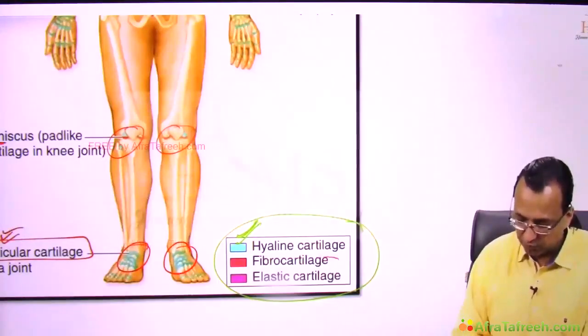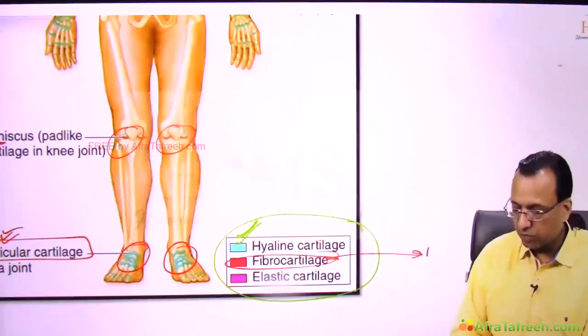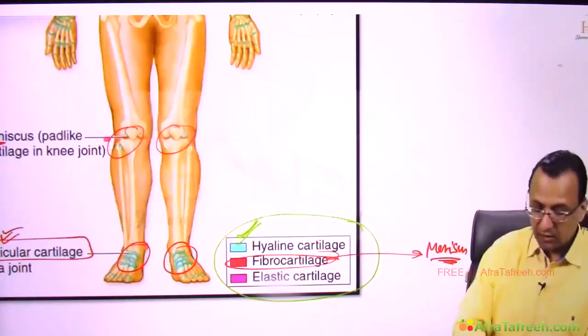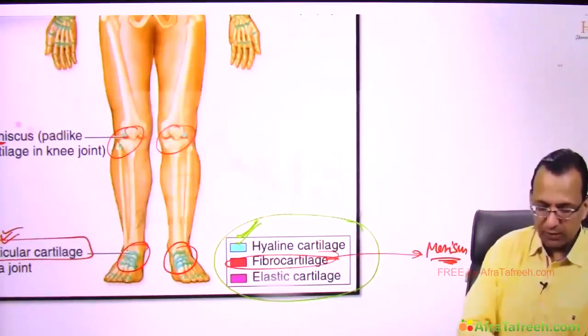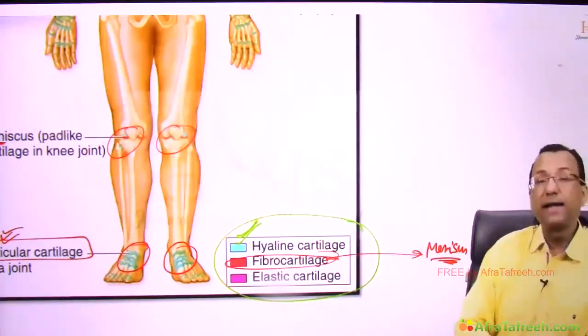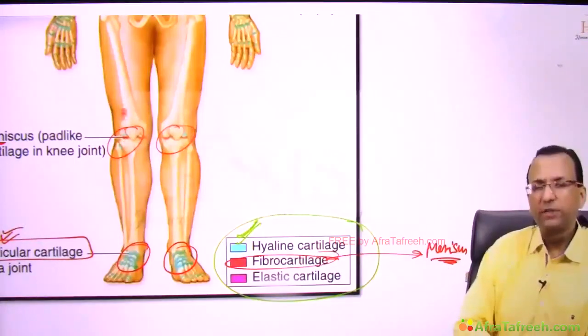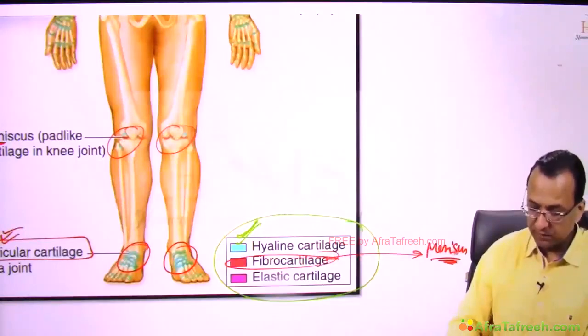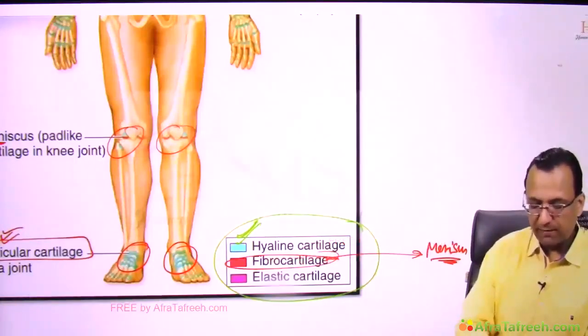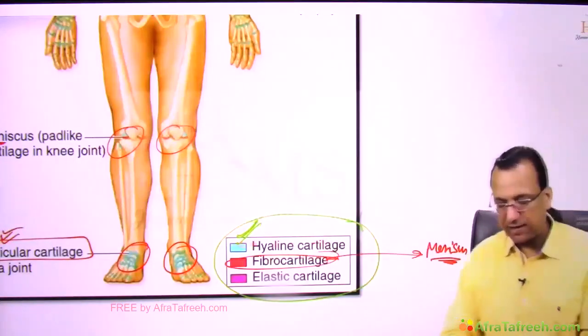What is red color? Fibrocartilage. We have seen the knee menisci are like shock absorbers, preventing the hitting of the femur with the tibia bone, so that will be fibrocartilage. Otherwise, femur and tibia are lined by some articular cartilage, which is hyaline cartilage.